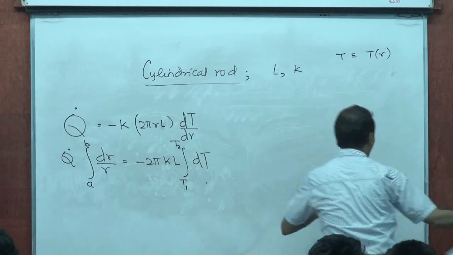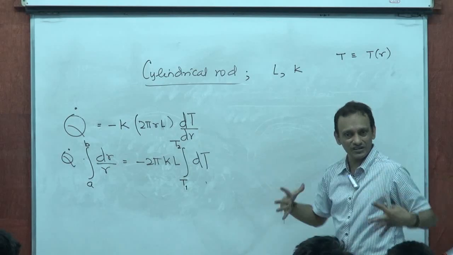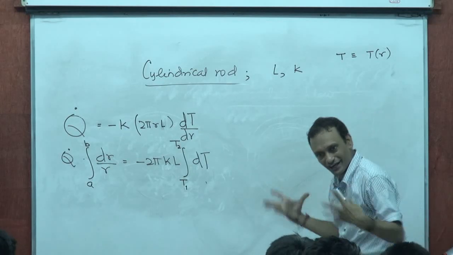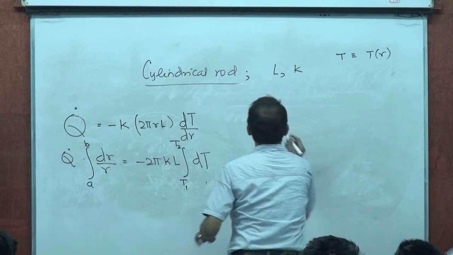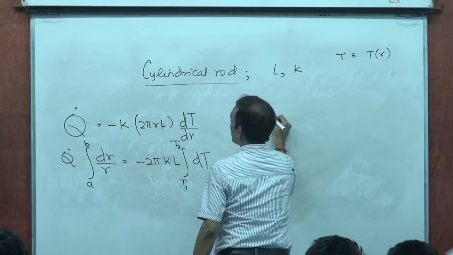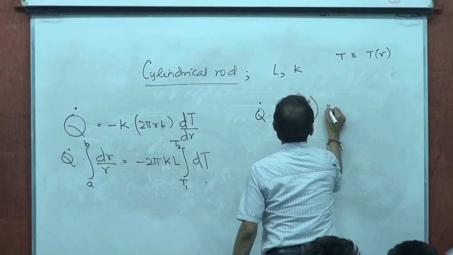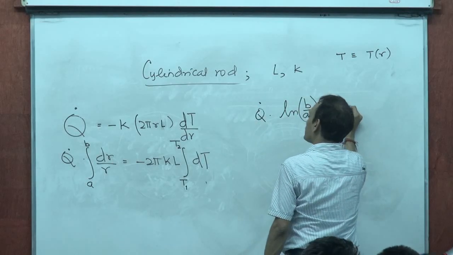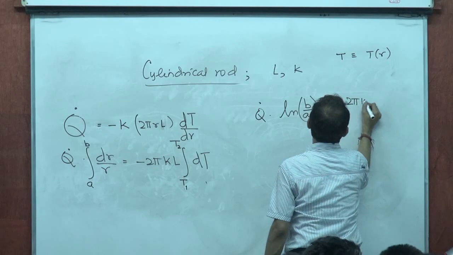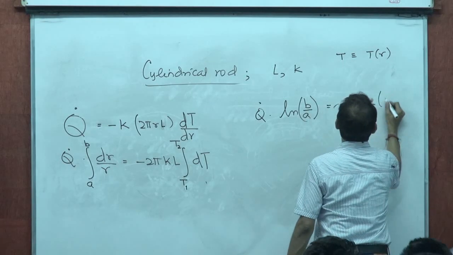So this is all radial heat flow in a cylindrical rod. So then I get Q dot into log b by a, that's the left hand side, equals minus 2 pi k L into T1 minus T2.